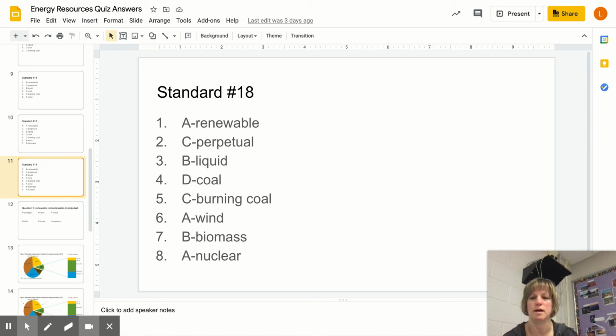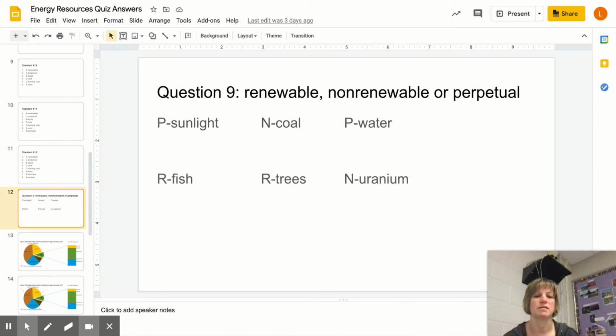Okay, question number 9. It was really not just one question. These are lists of resources, and you had to classify them as renewable, non-renewable, or perpetual. Going across the rows, sunlight is a P for perpetual. Coal is non-renewable, even though it comes from decomposed plant material. Coal can't reproduce with coal to make more coal.